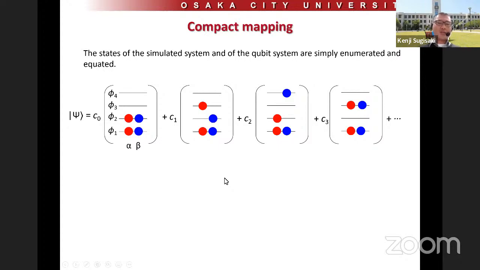So basically, we need n qubits to store the wave function, where n is the number of spin orbitals. However, let's think about the quantum chemical calculation on the hydrogen molecule. The hydrogen molecule has only 2 electrons. Let's think about the Jordan-Wigner case in the STO-3G basis set.